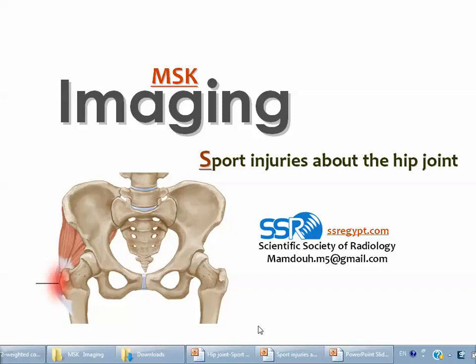Dear colleagues, we'll talk about the sport injuries around the hip joint, and this is an important issue, especially for the therapists and the sport medicine physicians, and also for the radiologist and musculoskeletal imaging specialists.